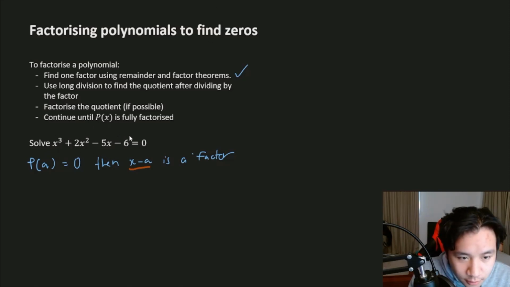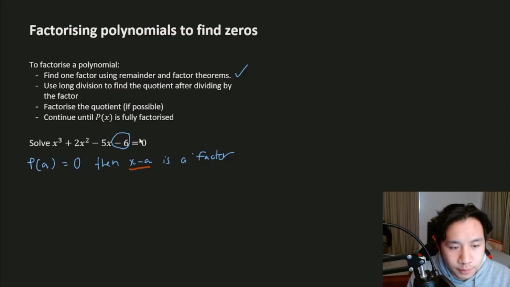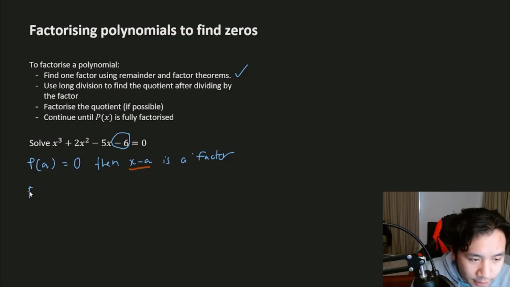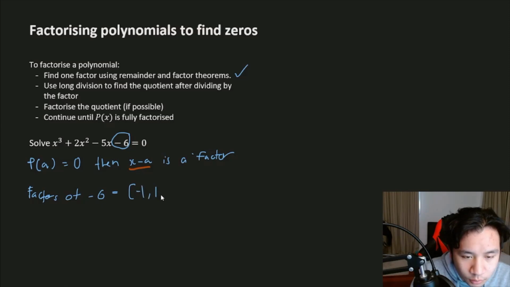What you need to consider is the constant term, and you need to figure out the factors of minus 6. And so I know that the factors of minus 6 are minus 1, 1, 2, minus 2, minus 3, 3, 6, minus 6.